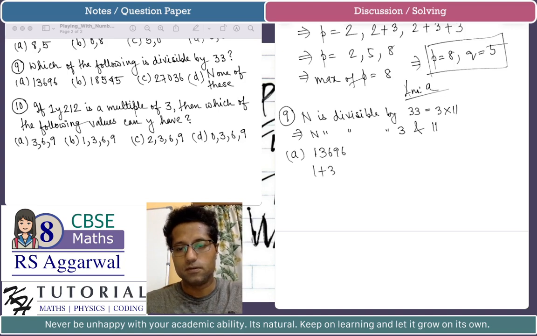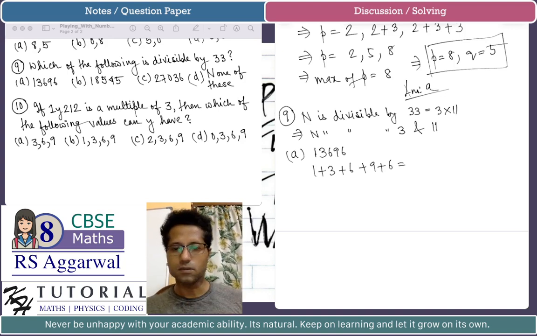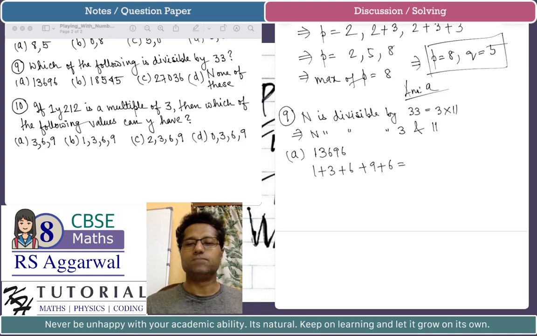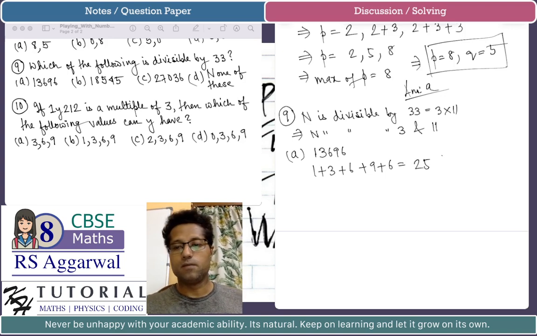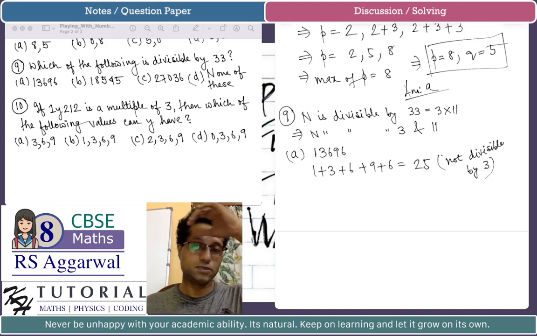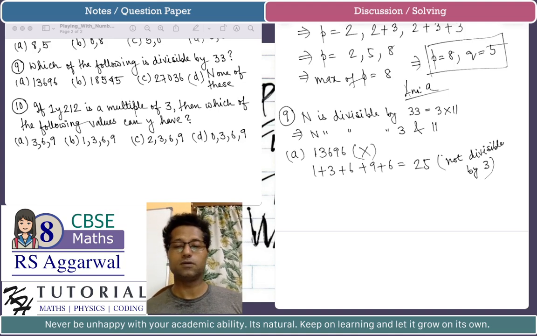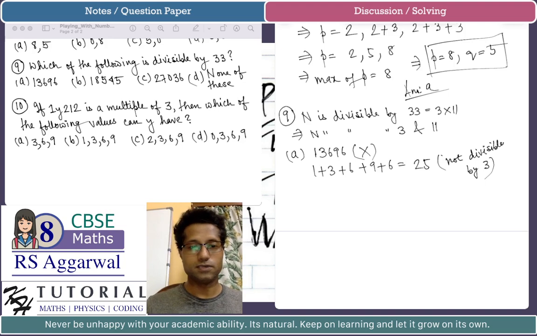So 1 plus 3 plus 6 plus 9 plus 6 is equal to 25. 25 is not divisible by 3, and hence the number 13696 is not divisible by 3, and definitely it will not be divisible by 3 into 11, because any number which is divisible by 33 has to be divisible by both 3 and 11. So choice A is an incorrect choice.